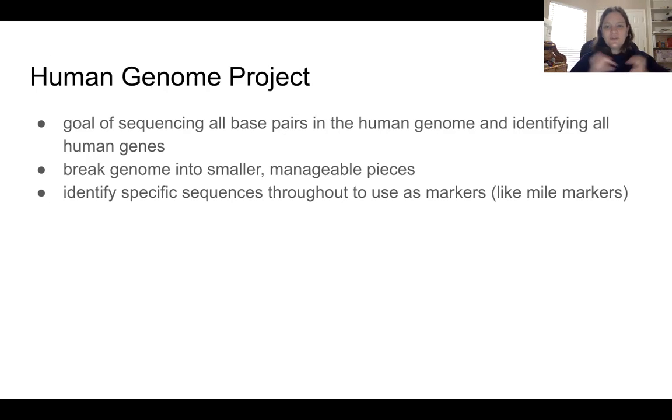So they broke the genome into smaller manageable pieces, and everybody was kind of responsible for their particular portion. And then one of the things they would do is identify very specific sequences throughout the genome to use as a marker. So that they could tell, okay, in relation to this sequence, where are we at on the chromosome? Okay. Kind of like mile markers, right?